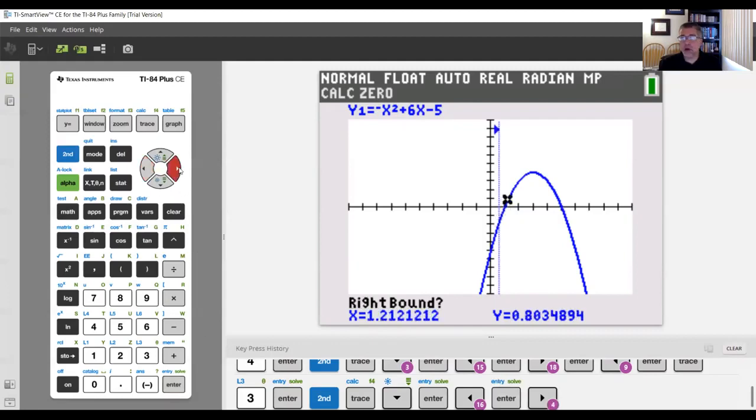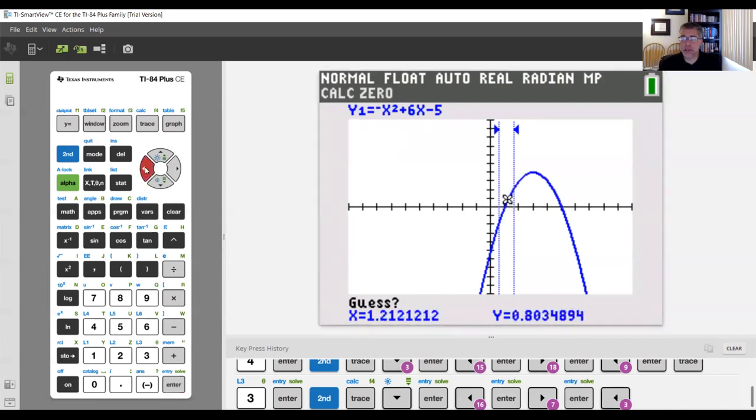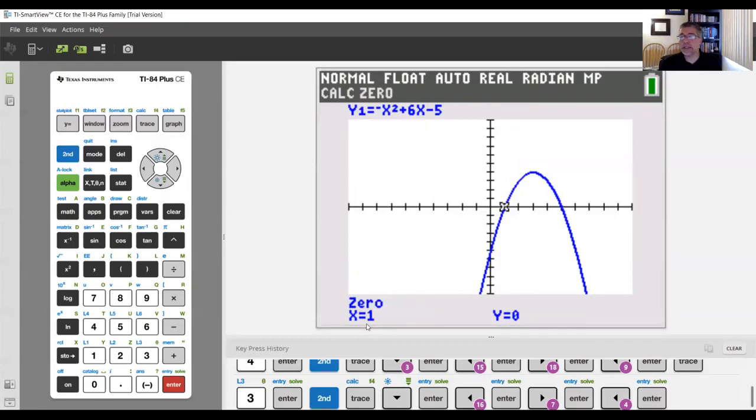Then I scroll to the right of it and hit enter. Then I make a guess of where I think this crosses the x-axis and click enter. And it says my zero was at 1, 0. So one of the zeros was 1, and this crosses the x-axis at 1, 0.